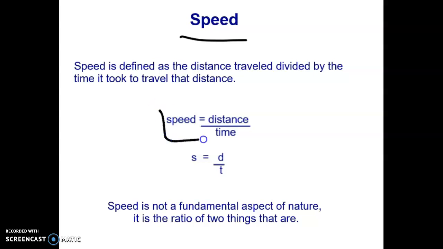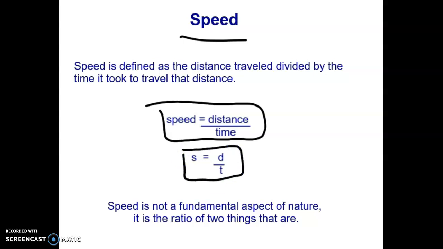So speed is equal to distance divided by time. In an equation, s equals d, which is distance, over t, which is time. I like to think about distance as how far, time as how long it takes, and speed as how fast.